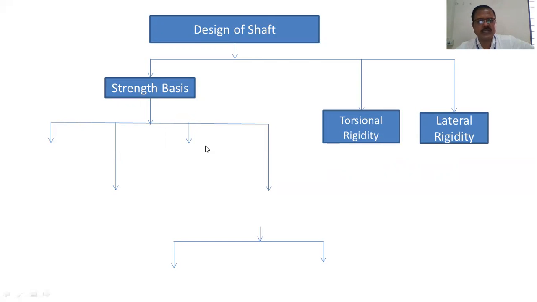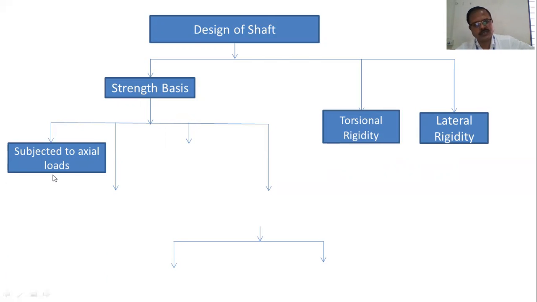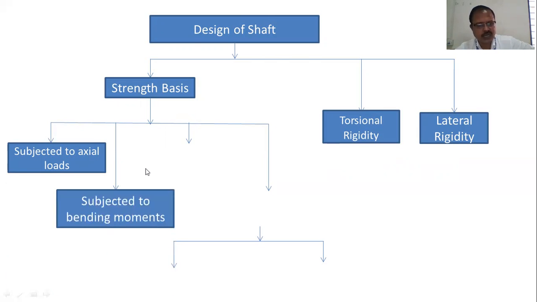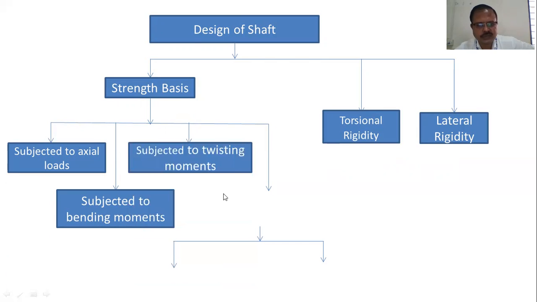So we have to design the shaft on different bases. Shafts can be subjected to axial loads, so we have to talk about the safety of the shaft subjected to axial loads. Shafts can be subjected to bending moments due to external forces. Shafts are subjected to twisting moment due to transmission of torque.